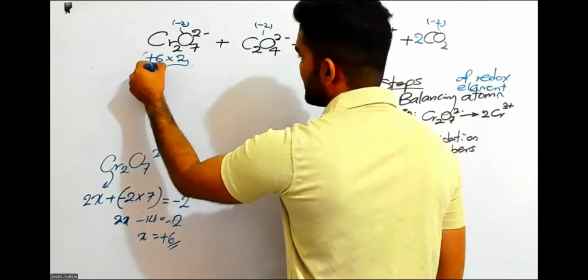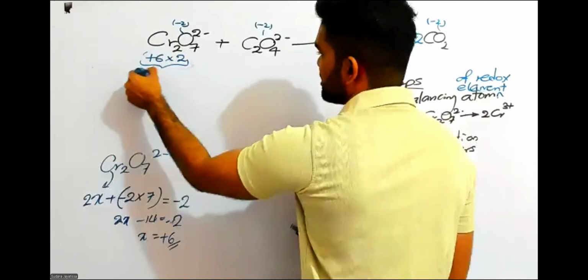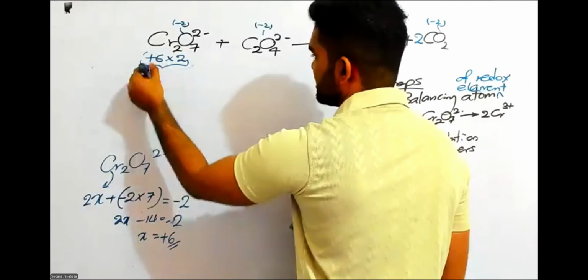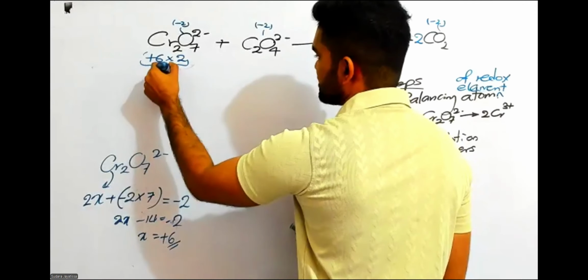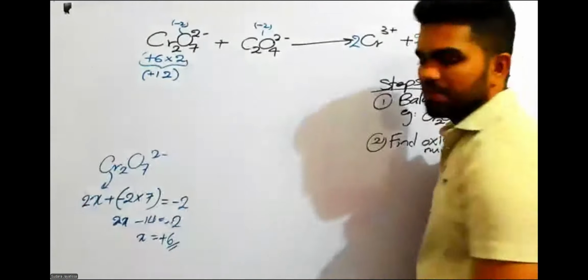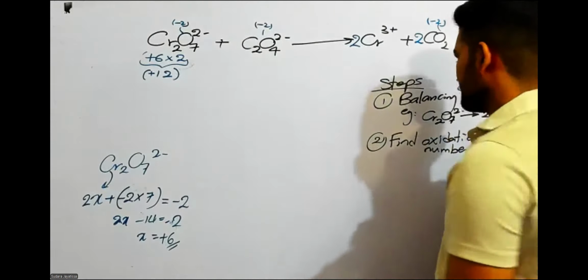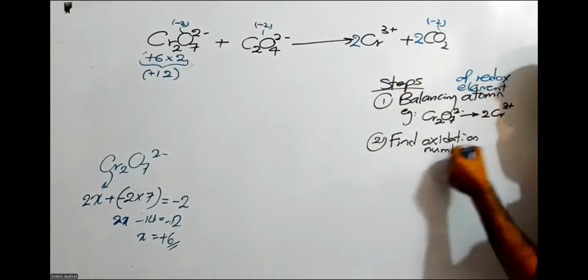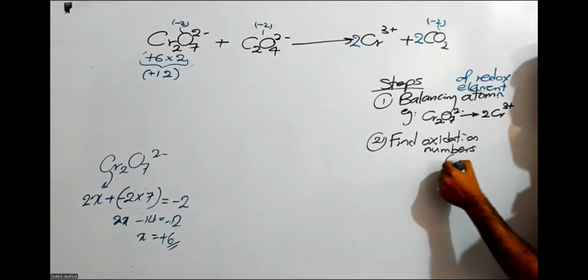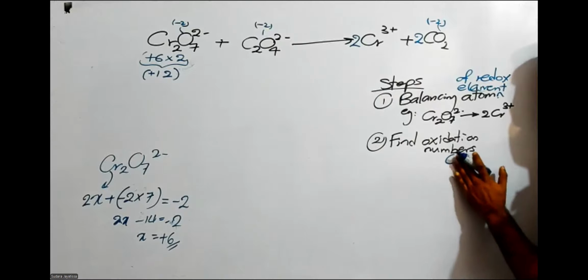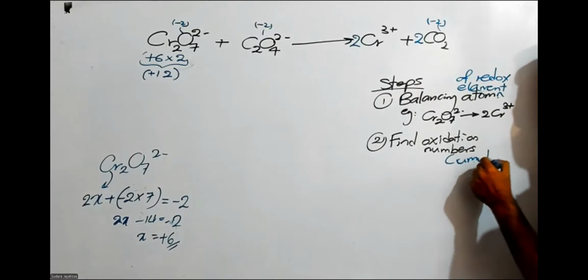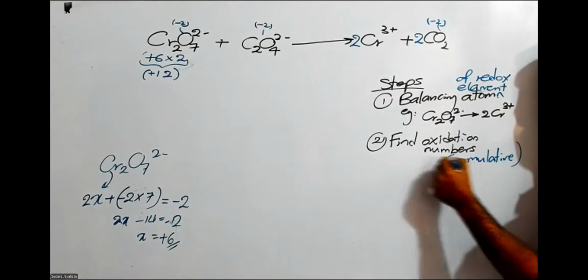If you multiply this by 2, you will get +12 as the cumulative oxidation number. Understood? So find oxidation numbers, and if necessary, you need to find the cumulative, if needed.